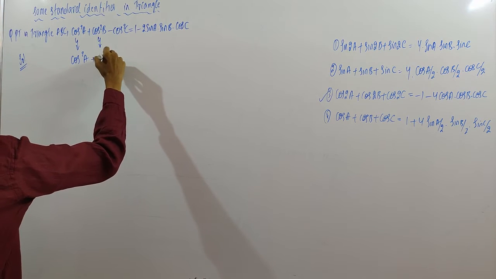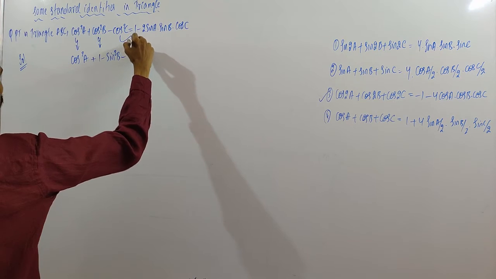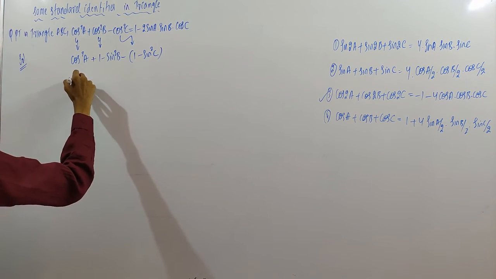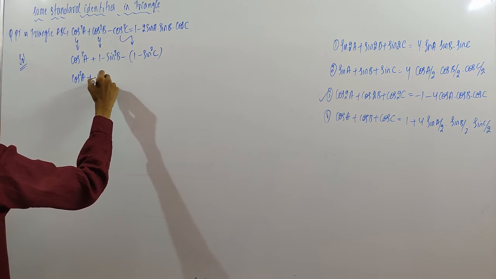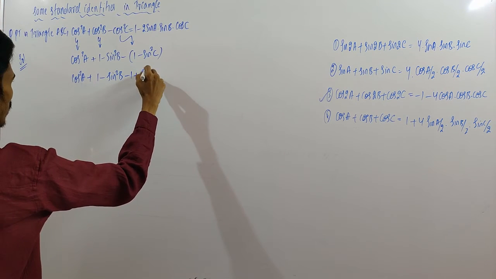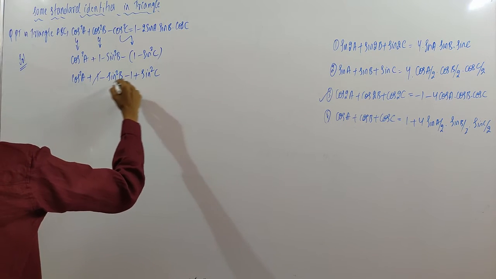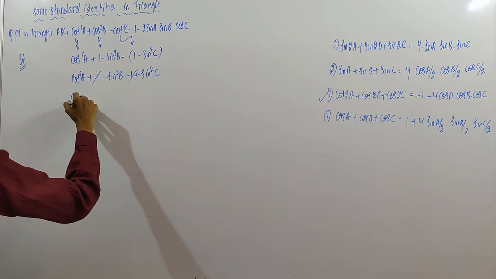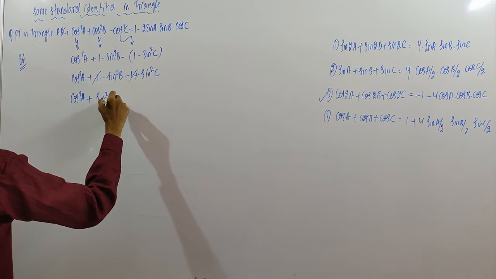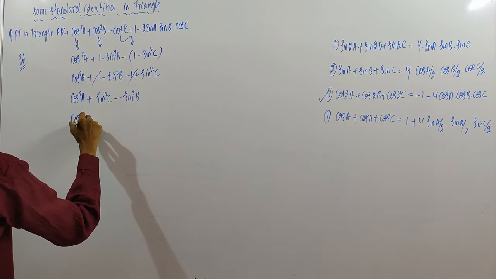This term becomes 1 minus sine square B, minus this term 1 minus sine square C. That equals cos square A plus 1 minus sine square B, multiplied by the minus sign, minus 1 plus sine square C. These two will get cancelled. We have cos square A plus sine square C minus sine square B.